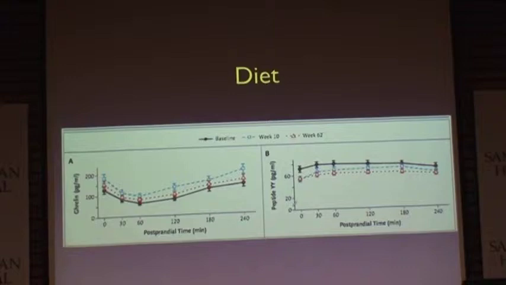So that doesn't help. And that explains to a great extent why dieting doesn't work, because it's hard to be hungry and not eat. You may be successful for a period, but over a long period of time, it's not a very sustainable state. And on the right, you see the opposite.